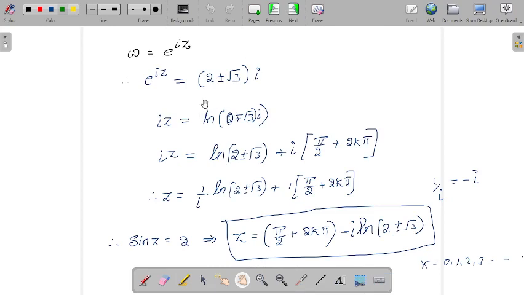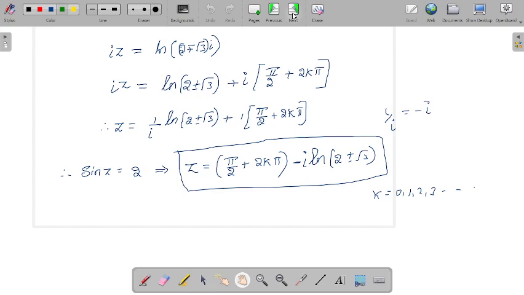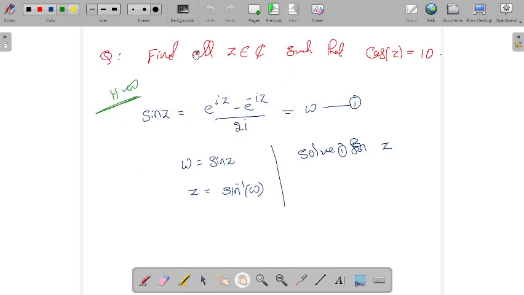We are discussing w equal to e power z, and this is a continuation of sine z equal to 2. The next thing: I asked you to do this problem. Find all complex numbers such that cos z equals 10. Did you do it?